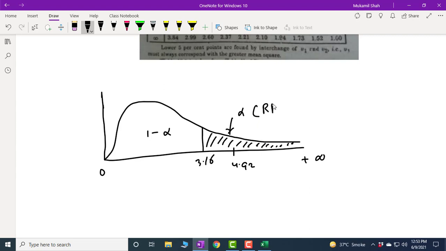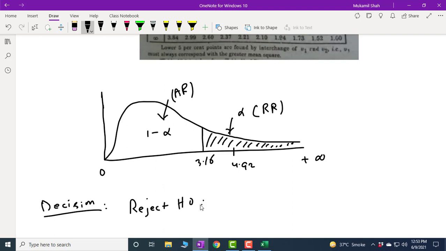This alpha region shows the rejection region and the 1 minus alpha region shows the acceptance region. Since our F calculated value falls in the rejection region, therefore our decision is to reject H naught, and we conclude that the average sales of the 4 outlets is not equal. So we reject H naught.